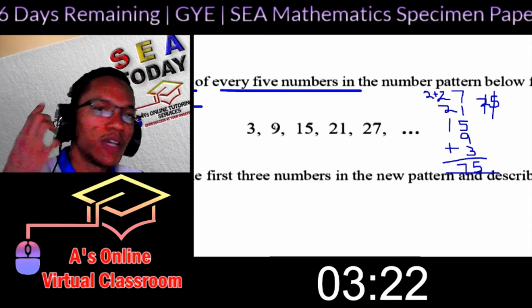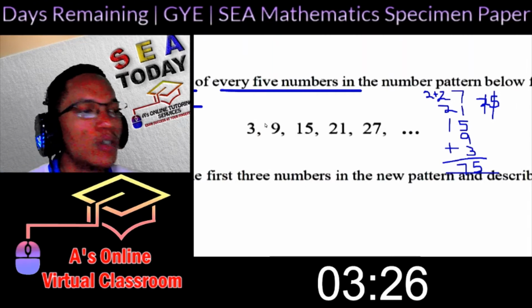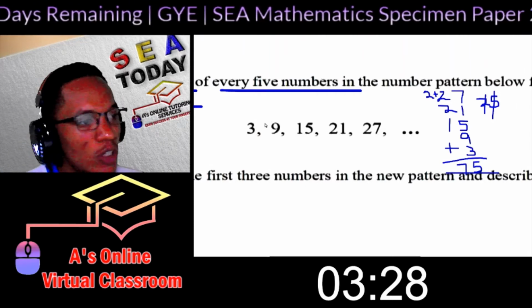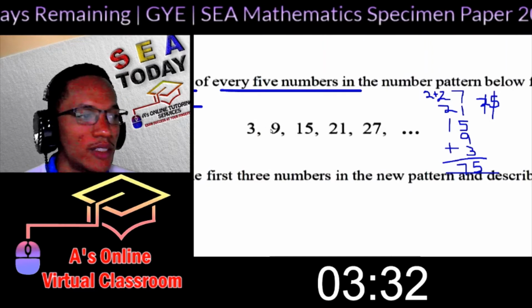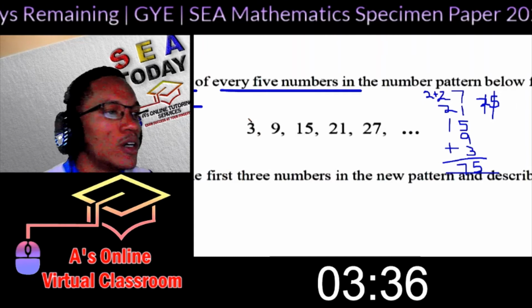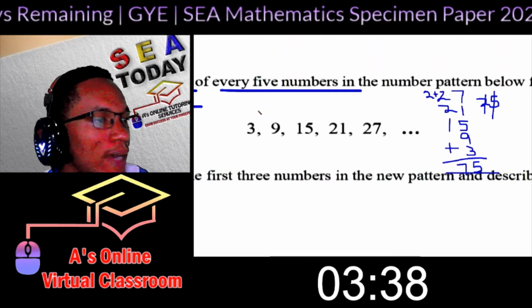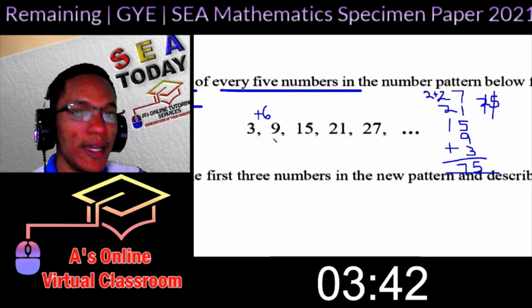This is what you have to ask yourself. How do we get from the first number to the second number? There are different ways you can look at it, but we're looking for a common pattern. So the easiest thing to start with is addition. If we were to add a number like 6 to 3, we'll get 9.